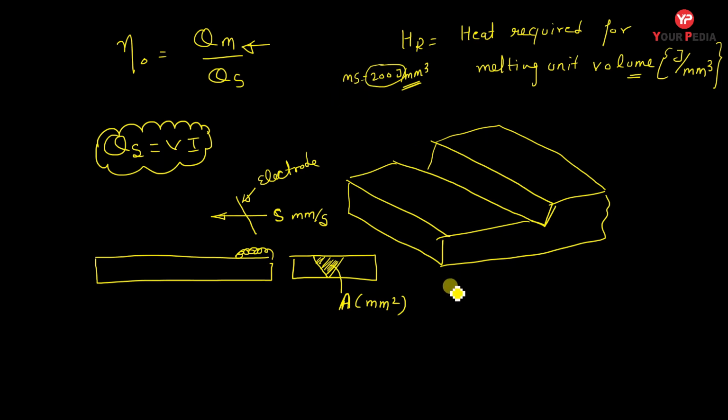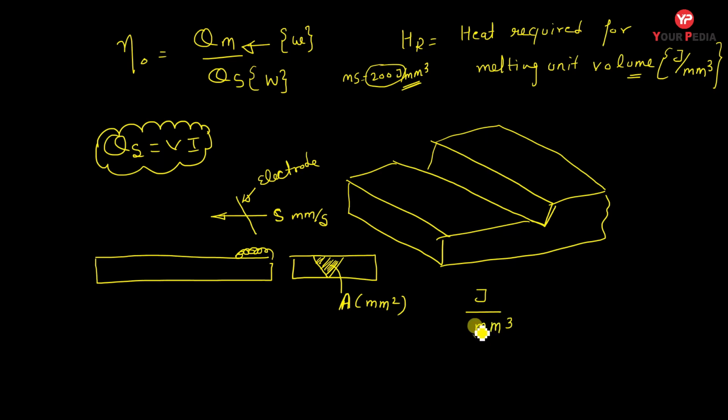Now the lower quantity, voltage into current, has a unit of watt. The upper quantity also has a unit of watt. So how can we do that? This much joule of heat is required for melting one mm cube of metal.